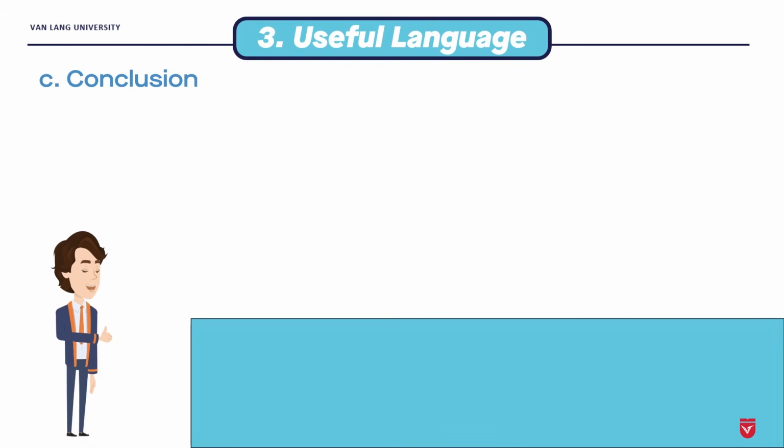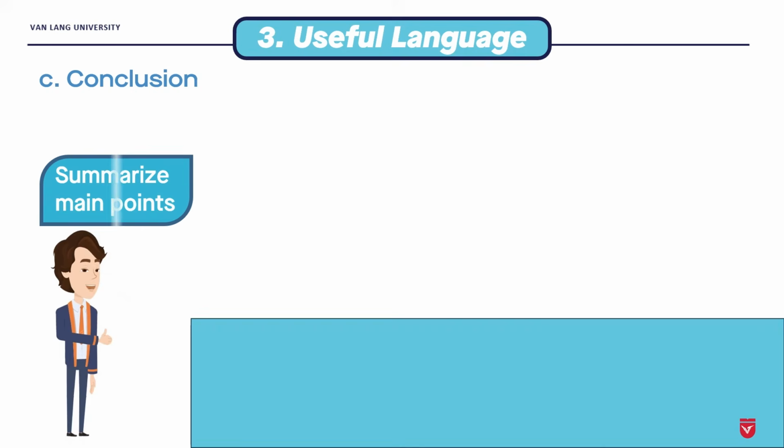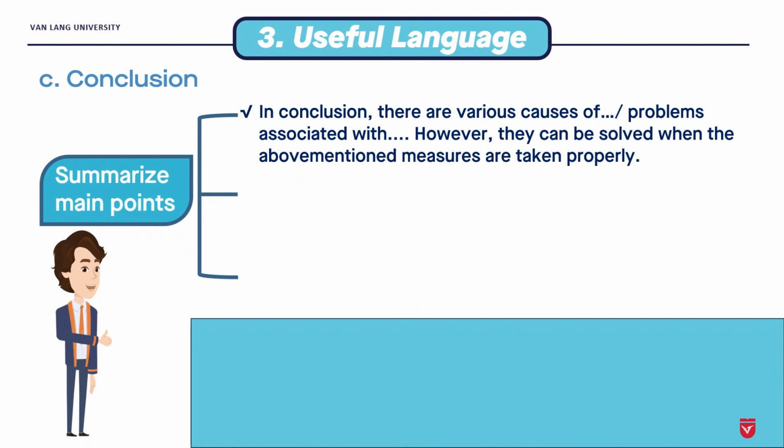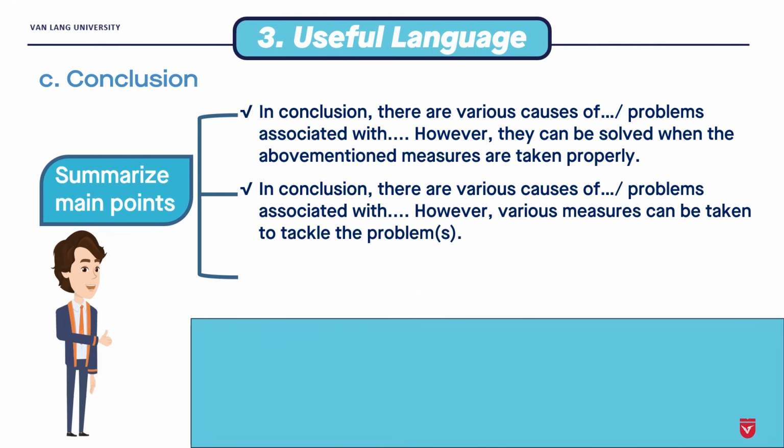The final part is the conclusion. In this part, first, you need to summarize main points using one of these three structures. In conclusion, there are various causes of or problems associated with. However, they can be solved when the above-mentioned measures are taken properly. Or, in conclusion, there are various causes of or problems associated with.